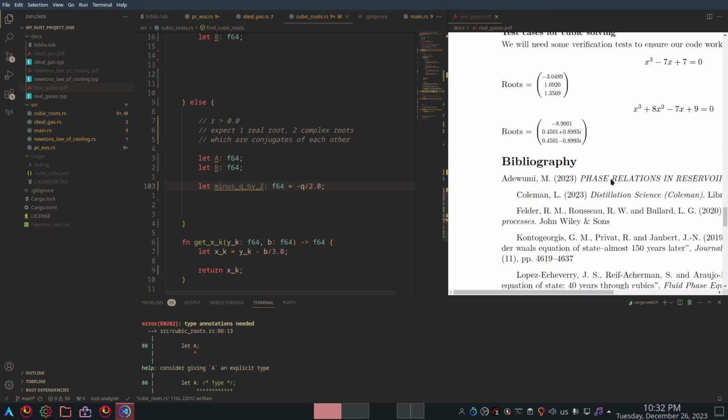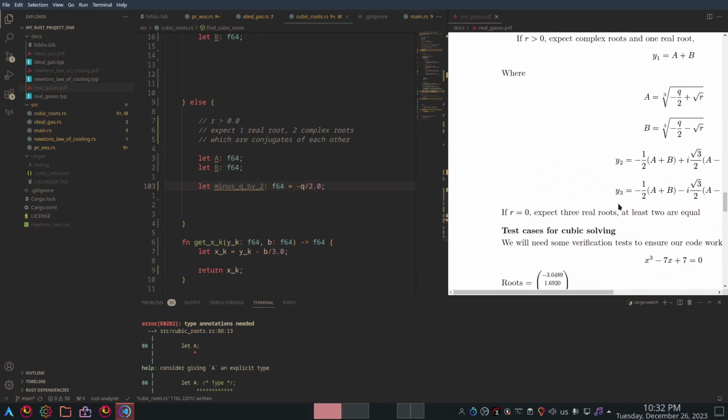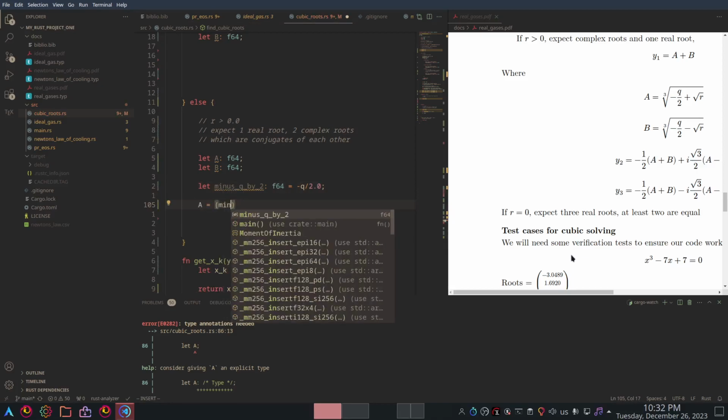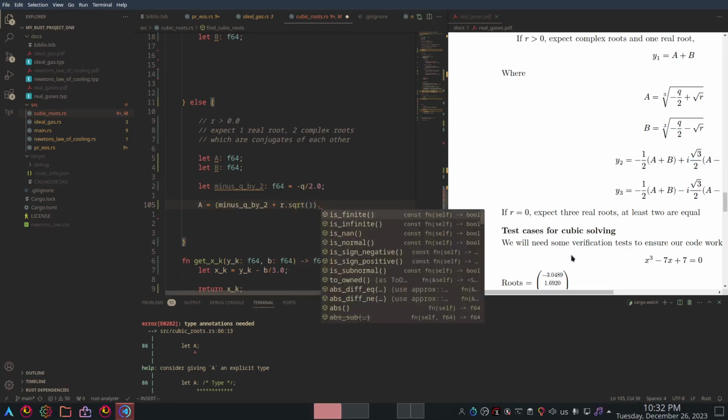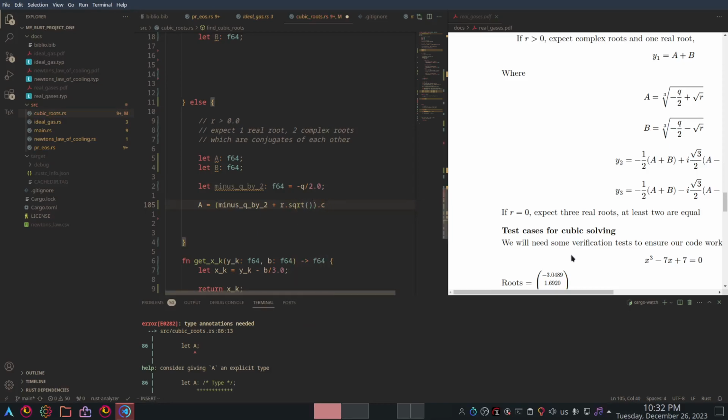So a equals to minus q by 2 plus r dot square root. And then I want this to be a cube root, CBRT.